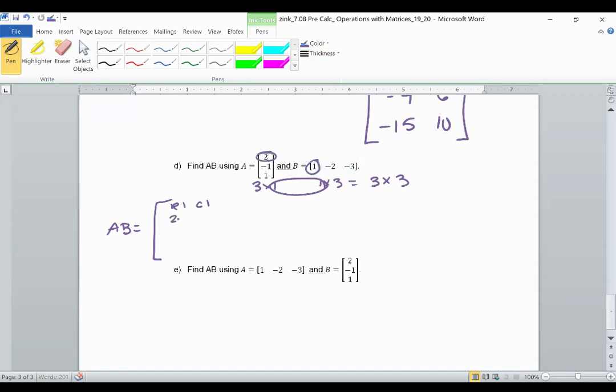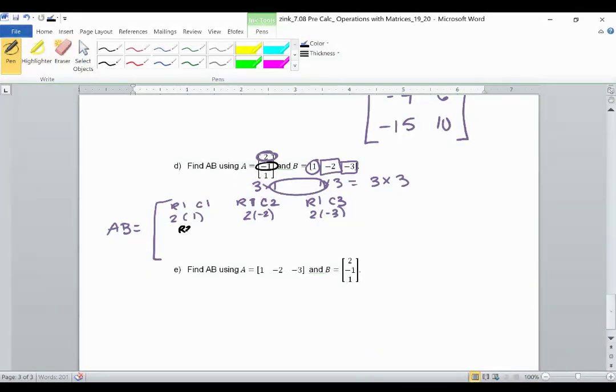So it's just going to be 2 times 1. Then we're going to do row 1 still, and column 2. So then we're going to be row 1, column 2, so 2 times negative 2. And then row 1, column 3 would be 2 times negative 3. Next, we're going to do row 2 now.